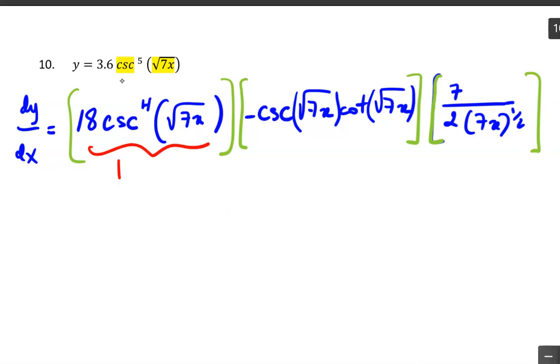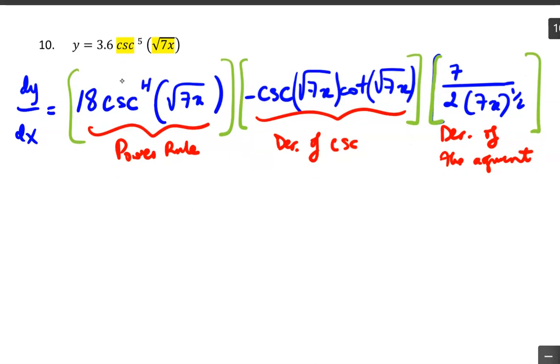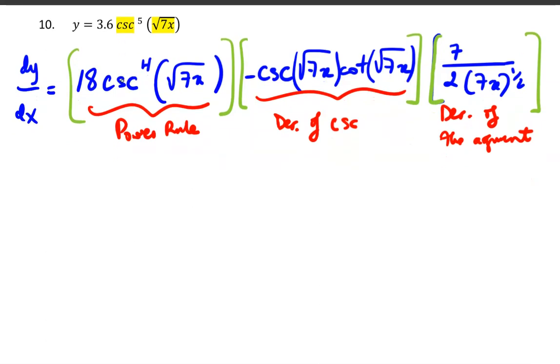Again, this is power rule, this is derivative of cosecant, and this is derivative of the argument.